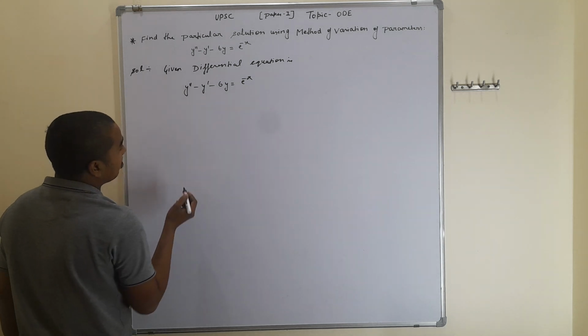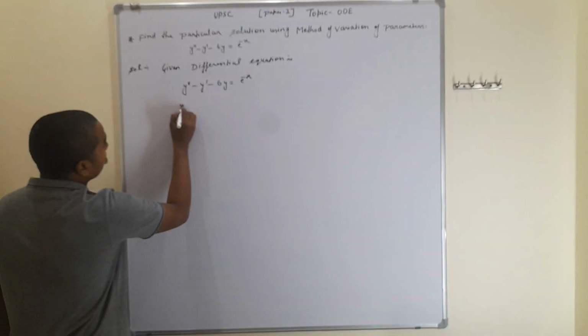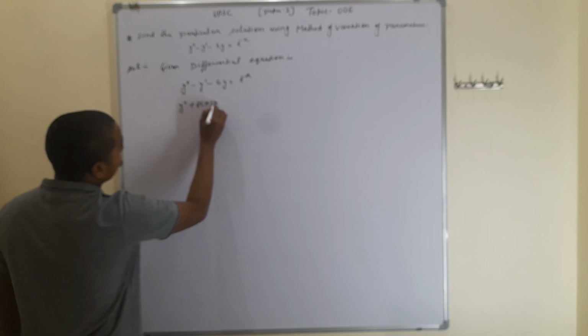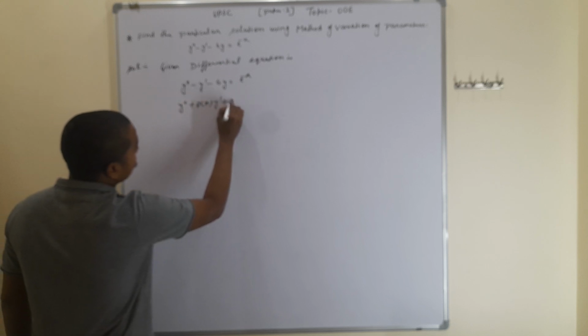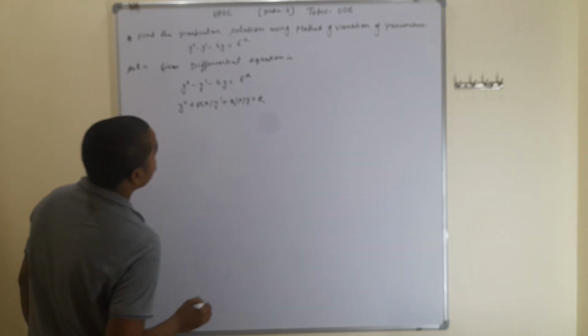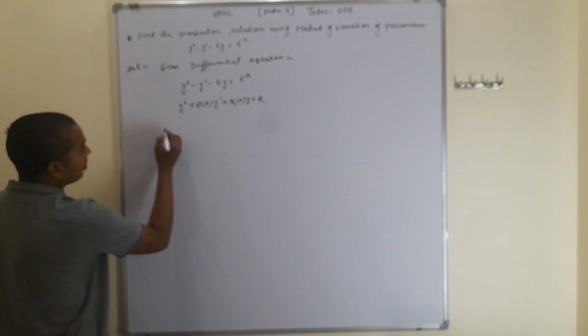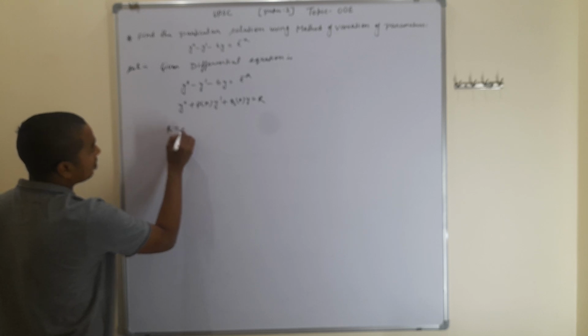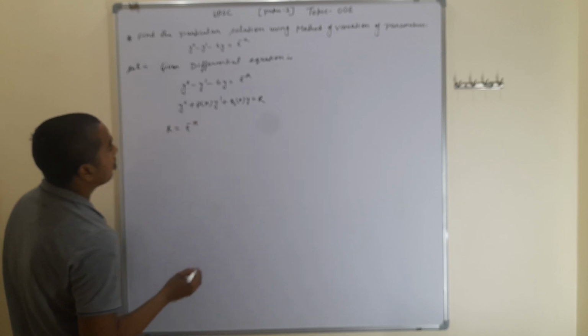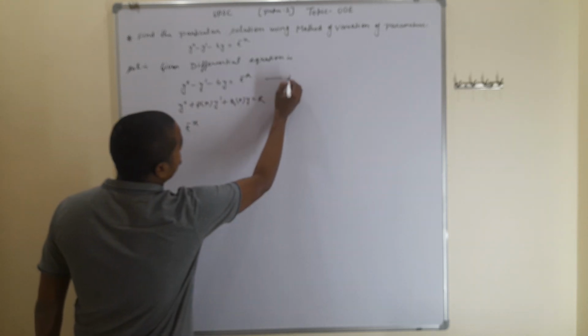Comparing given differential equation with y double dash plus px y dash plus qx y is equal to r. From here we have to get the value of r, that is e to the power minus x, and let this is equation 1.